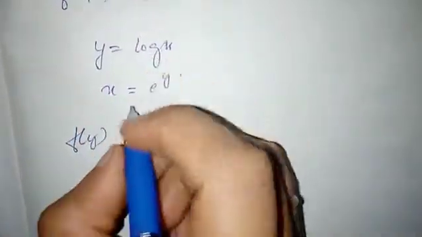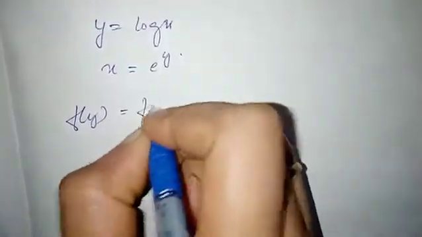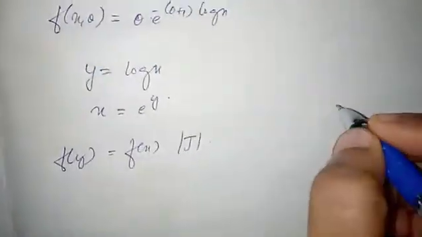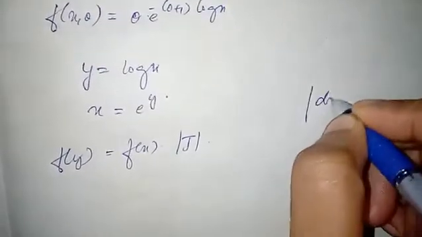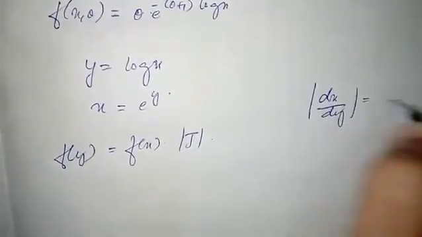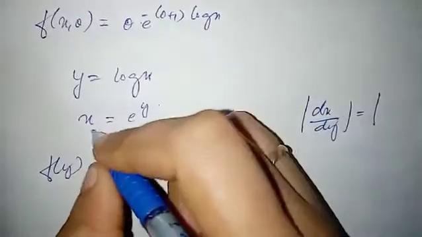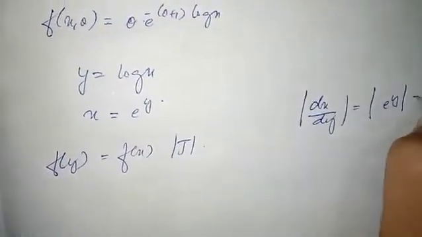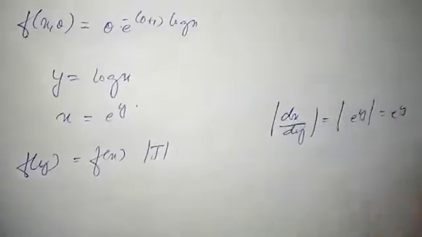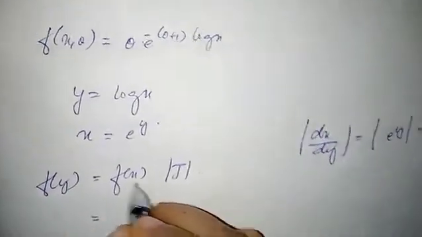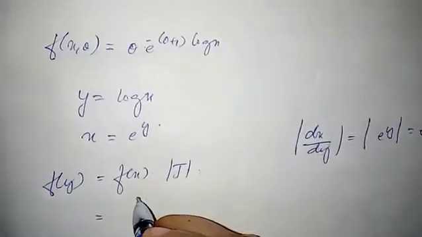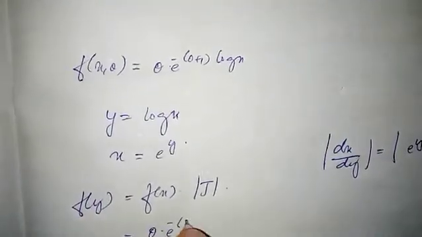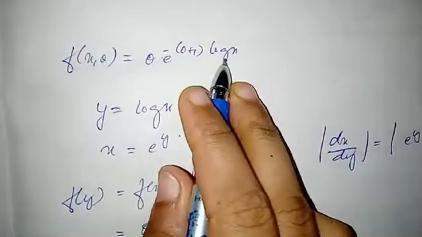The density of y, the density of log x, equals f of x into the Jacobian, right? Here what is the value of the Jacobian? The Jacobian is the modulus of dx by dy, that is e power y, right? And here it's equal to, what is f of x here? F of x equals theta into e power minus theta plus 1 and log x, right?